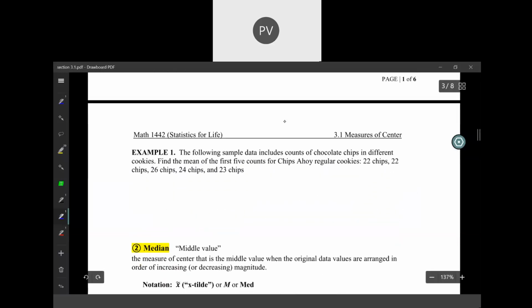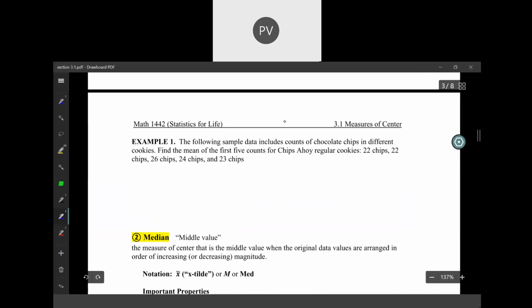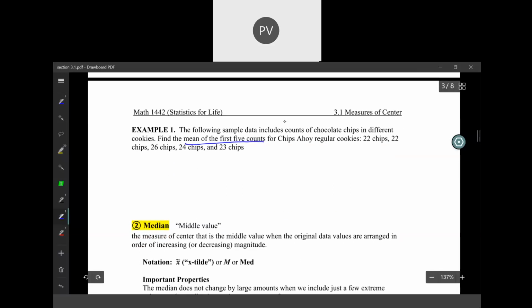Now let's see example one. They are asking us to calculate the mean of the first 5 counts. Let me write this down: 22, 22, 26, 24, 23.